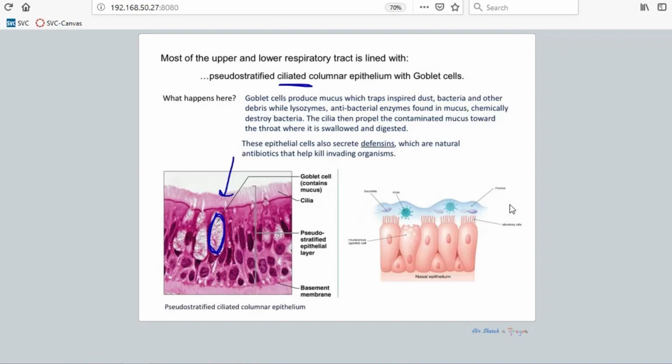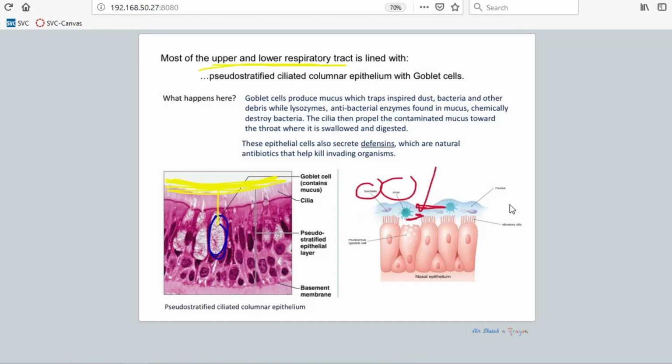All right, now how is this all going to work together? What's going to happen with these goblet cells? Goblet cells, as you guys know, are going to produce mucus, and this mucus is going to line most of the upper and lower respiratory tract. And why do we have that there? Because bacteria and viruses or anything else that's in the air gets trapped in that mucus.